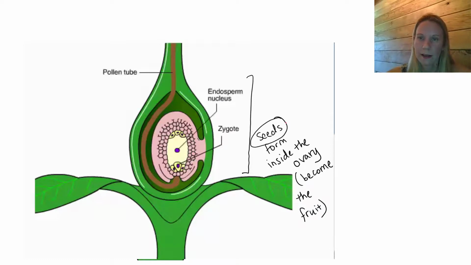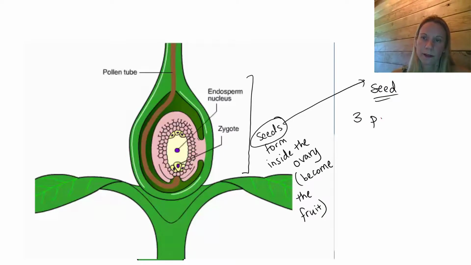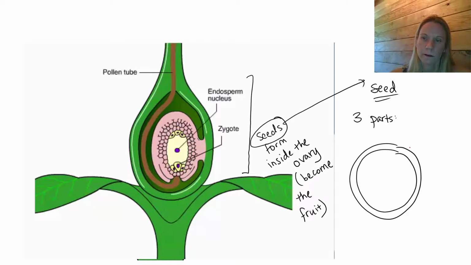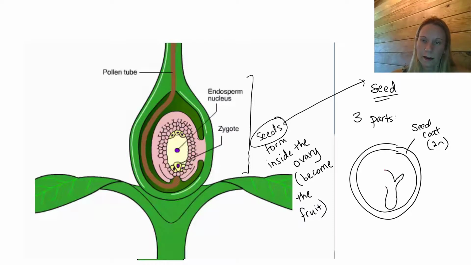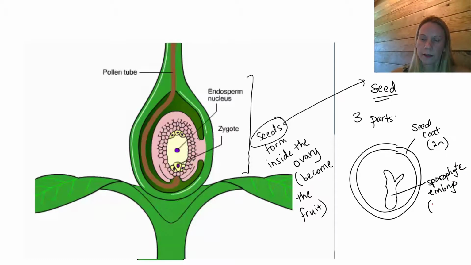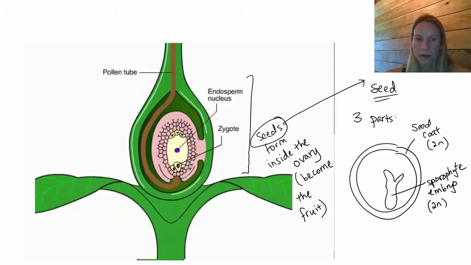And then that seed, remember, has three parts. The seed coat, which is diploid, the sporophyte embryo, which is also diploid, and resulted from the zygote being fertilized.